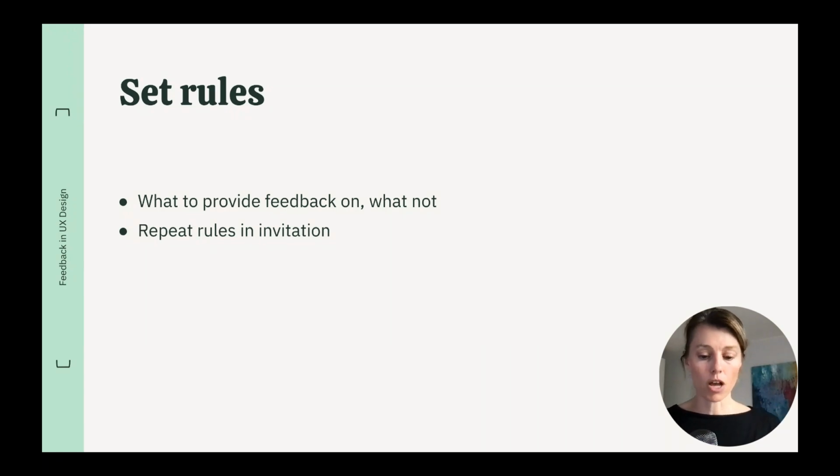It's not the right font, it's not the right font size. So be very specific about what you don't want to get feedback on and also what you want to get feedback on. And I try to repeat those rules or the specific focus with every iteration or invitation that I send out to collect feedback.